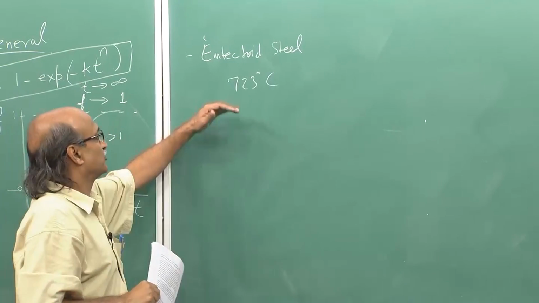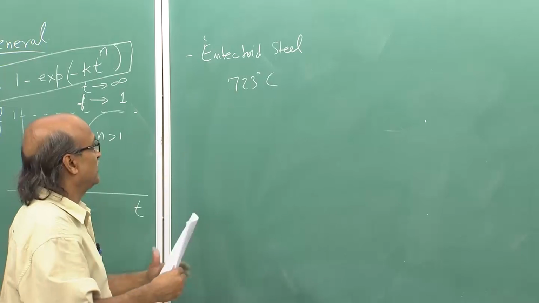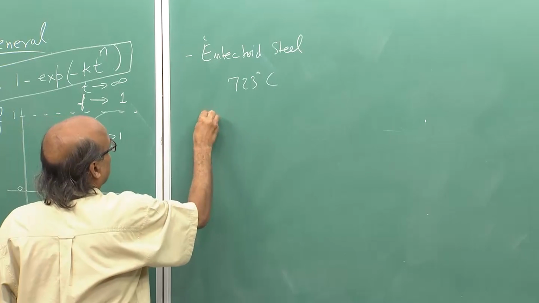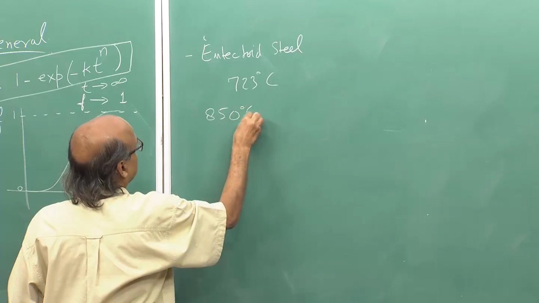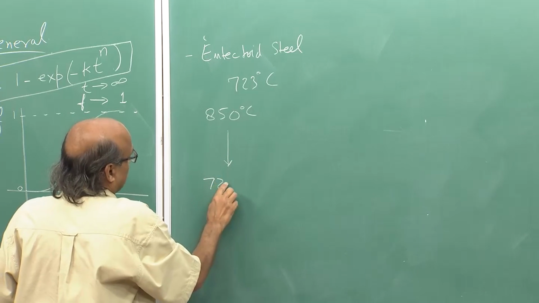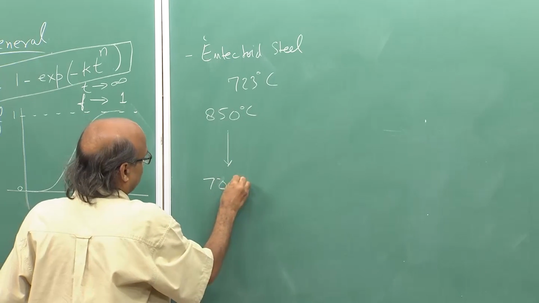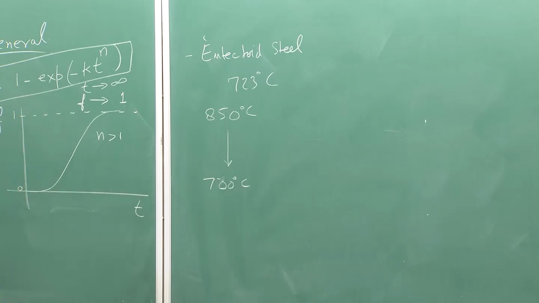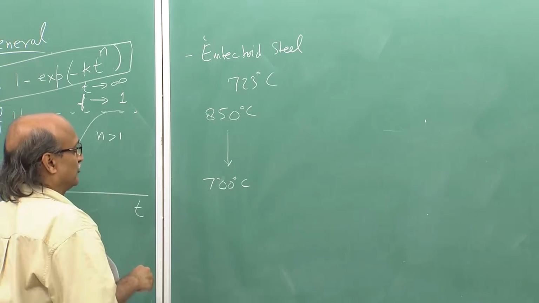To do this, we have to do this very quickly. So, let us say our steel was kept at 850 degrees centigrade, it has to be cooled rapidly to let us say 700 degrees centigrade below the eutectoid temperature. It could be 650 degrees centigrade as well.